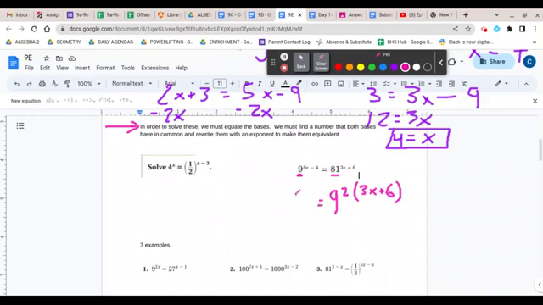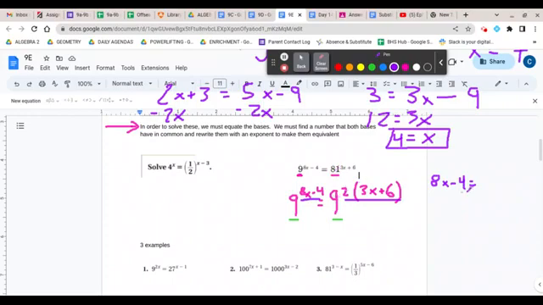Okay. And then we equate this to 9 to the 8x minus 4. And now we see that the bases are equivalent. We have 9 and 9. So because the bases are equivalent, we can equate the exponents. Okay, so we have 8x minus 4 over here. And now we have 2 because we had to make the 81 into 9 squared.